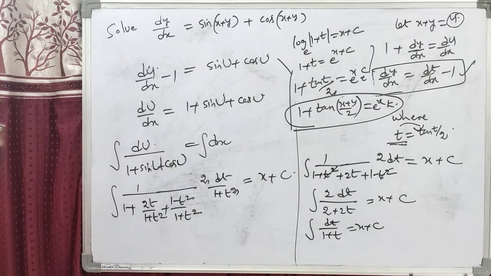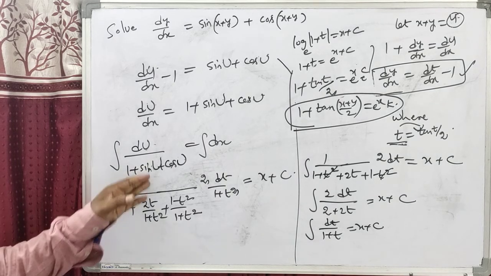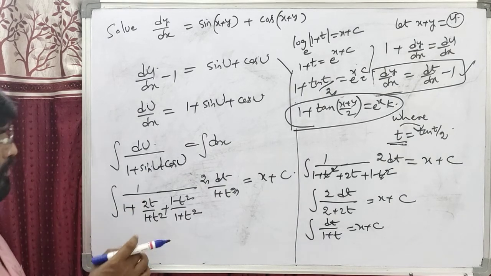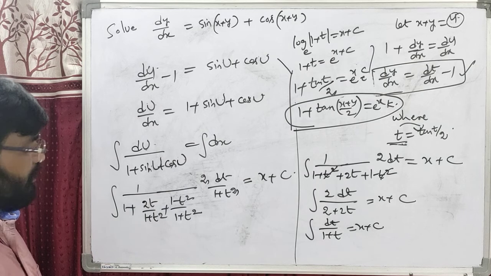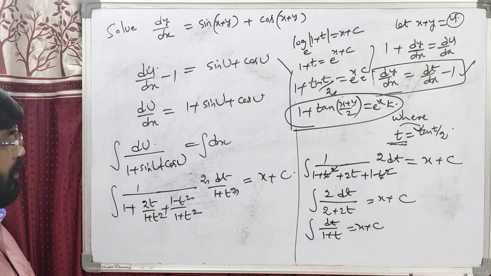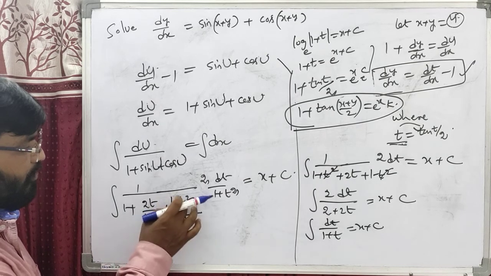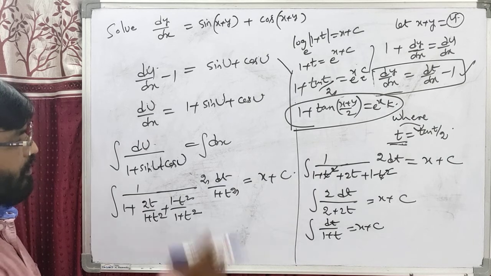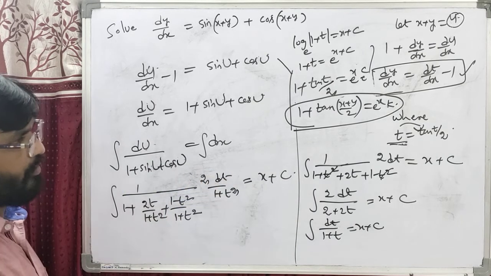Now students, we can write sin u as 2 tan theta by 2 by 1 plus tan square theta by 2, that is 2t by 1 plus t square, and cos as 1 minus t square by 1 plus t square. du is dt by 1 plus t square.